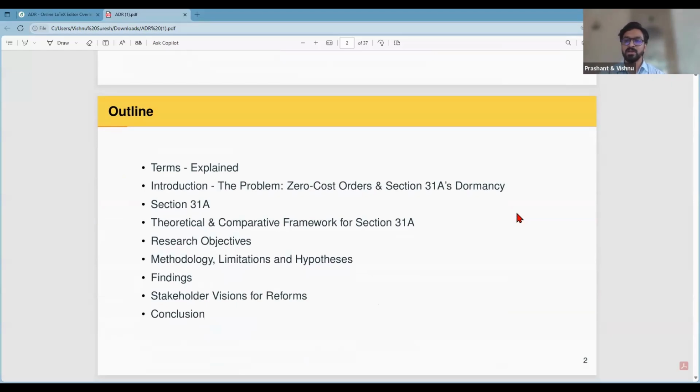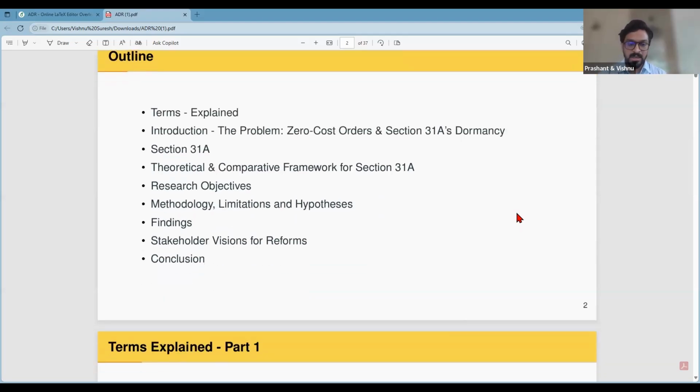I'll briefly go into what Section 31A is and cover subsequently the literature, the theoretical and comparative framework around 31A and costs. Prashant, after that, will take over and dive deep into research objectives, the methodologies, and the findings of our research, and will conclude with the stakeholder visions for reforms.